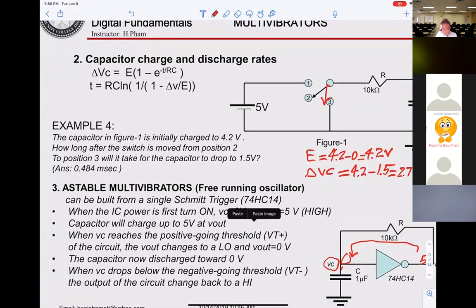Initially, you have to know which one is initial. In this example, they already tell you it's initially charged to 4.2, and now it tries to reach, if you connect that output to the ground, finally zero. If they connect to 5 volt, that means the voltage it tries to reach will be 5 volt.